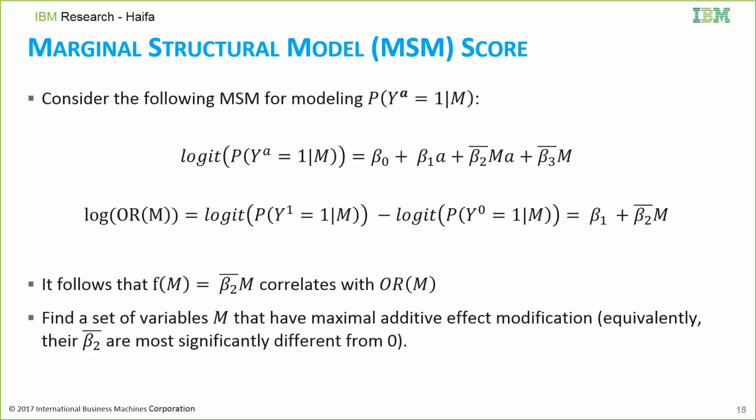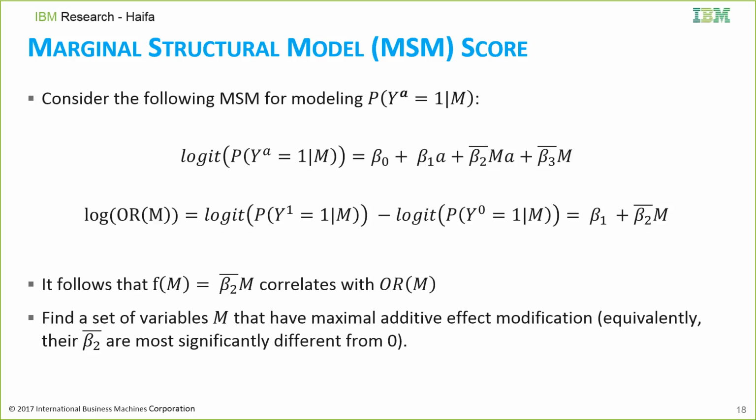So the first way is using the Marginal structural model, where you write the probability of the outcome being 1 for patients who got treatment A given some set of covariates as a linear combination of P0, P1 times the treatment, P2, this vector of coefficients for each one of the covariates in M, and then again the treatment, and then another vector times matrix for the effect modifiers.